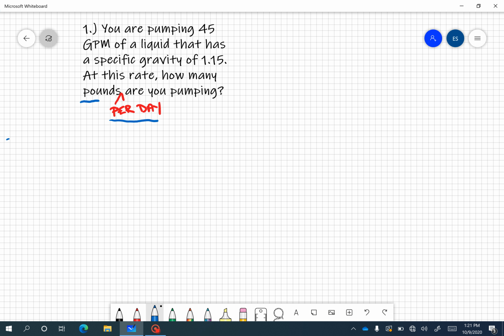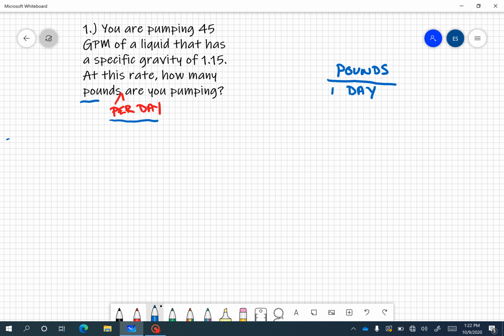So this is telling me that I'm going to have to calculate pounds, and then that's going to be divided by the number of days, but there's only one day, so really I need to calculate the total number of pounds over that 24-hour period.